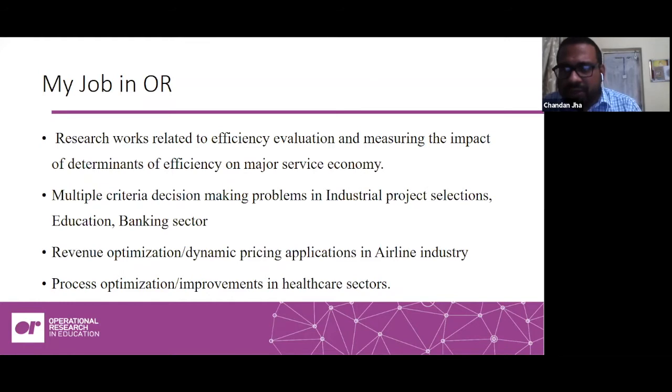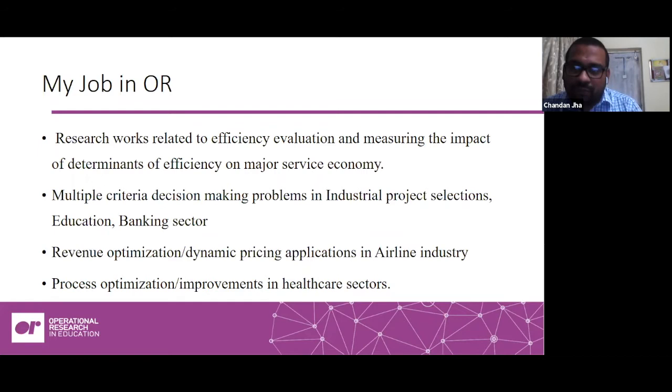Another research work I did was for the airline industry. There are various areas in that particular sector, for example, pricing strategy. How did it help the airline industry while using dynamic pricing? Basically the objective is optimizing the revenue, so profit maximization versus cost minimization. And apart from these two objectives, another objective is to enhance the satisfaction level of customers.